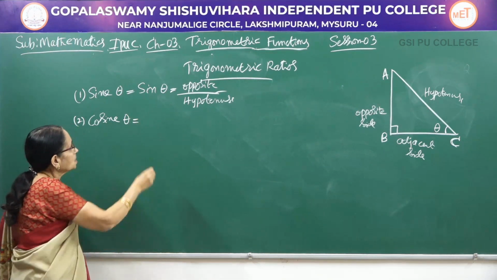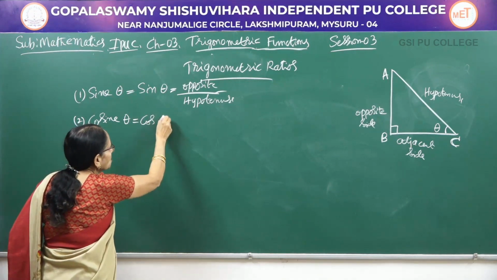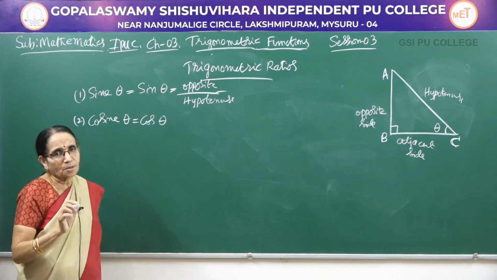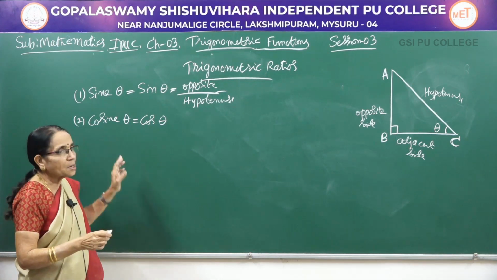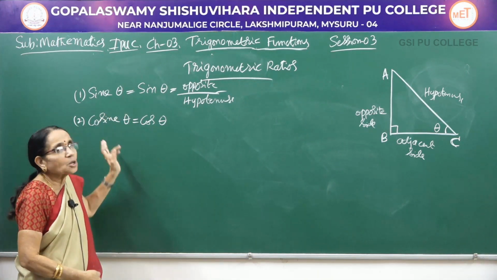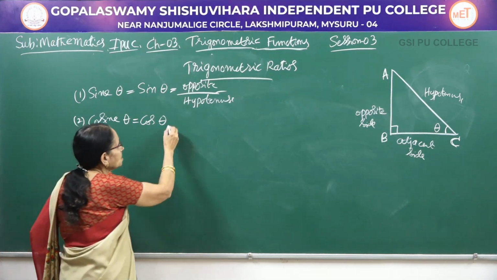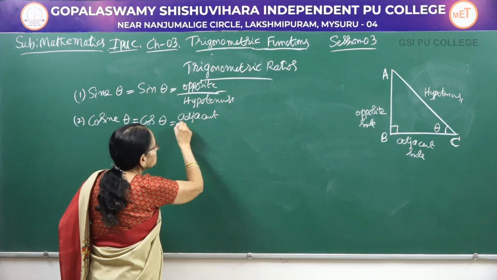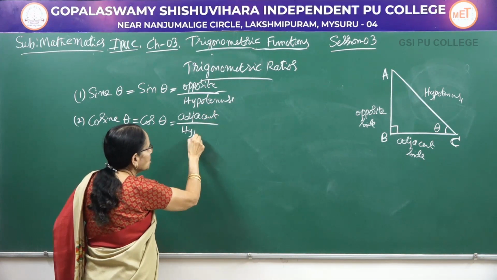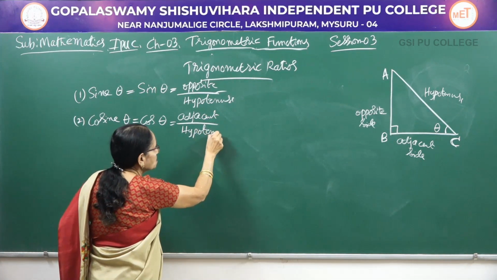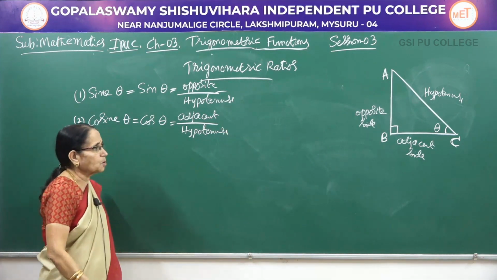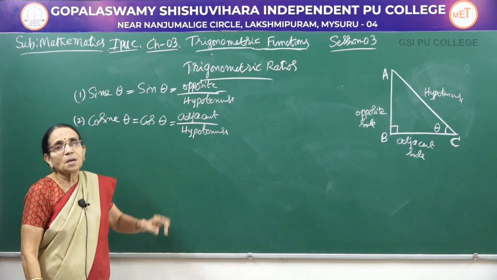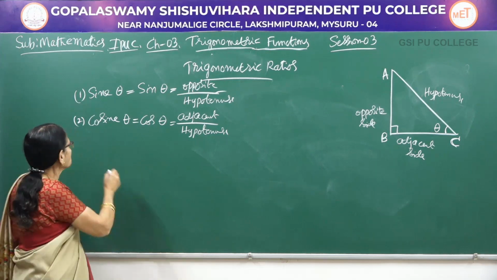So, cosine, we take the first 3 alphabets, so we write it as cos theta. The word actually is cosine, sine and cosine. Here, it is the adjacent side over the hypotenuse. So, in this triangle, it is BC divided by AC.